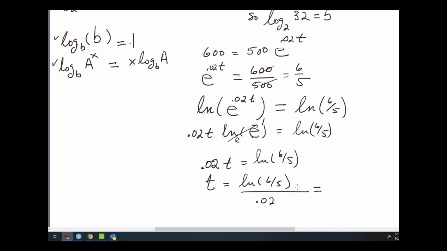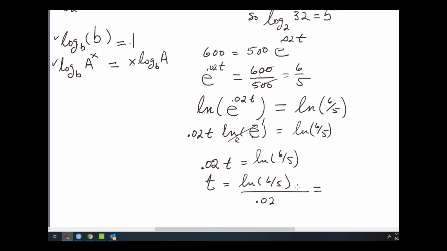The calculator was doing something a little wonky there, so I'm going to go to a different calculator.